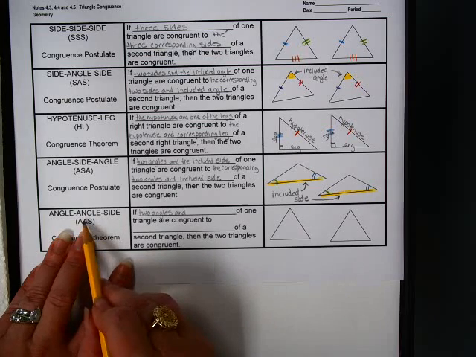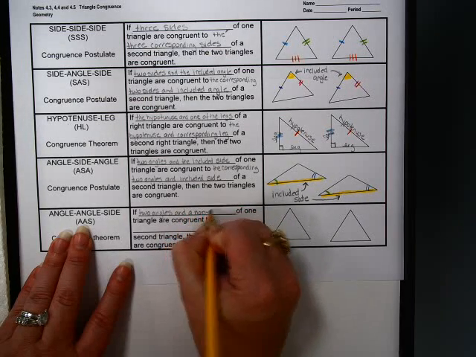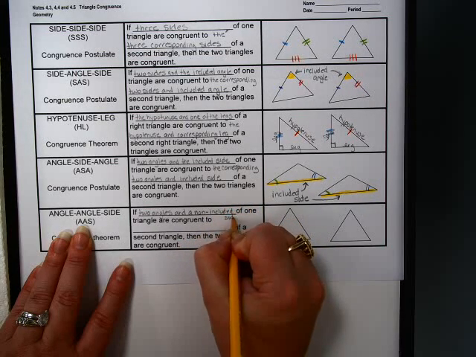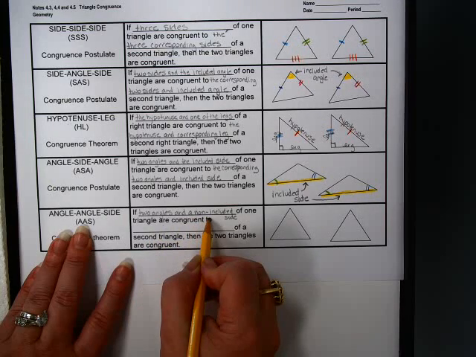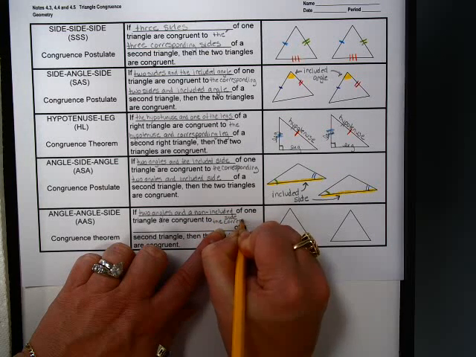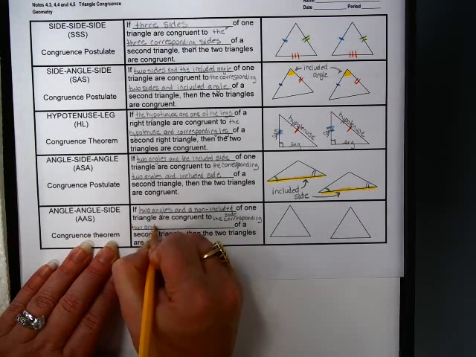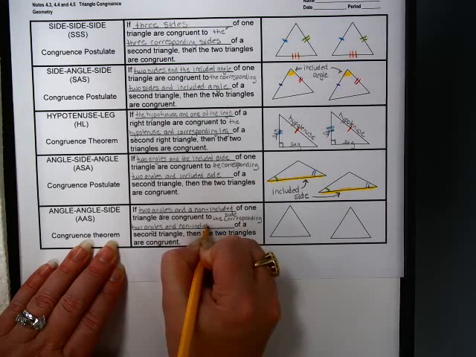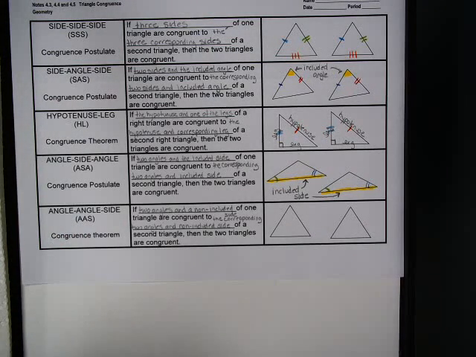So that's not going to be in between the two, so it's going to be a non-included side of one triangle are congruent to the corresponding, I'm going to have to squeeze this in here, the corresponding 2 angles and non-included side of a second triangle, then the two triangles are congruent.